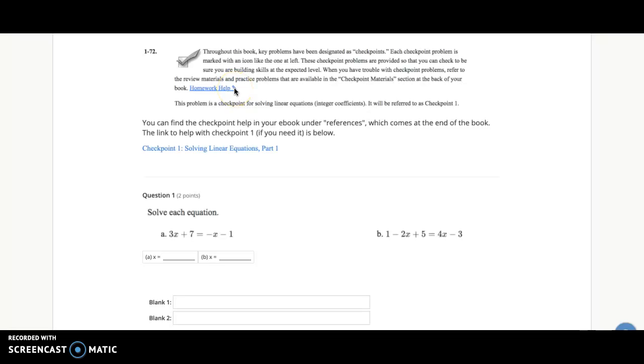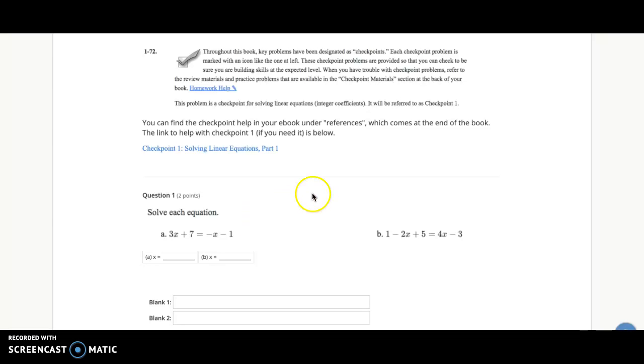Because a lot of what we do from here on out, we're just going to automatically assume that you are at this level, that you have mastered it, and that you don't need as much help on the solving the equations part, and that we can focus on the other topics at hand. Because all of the topics are going to include solving equations. So we want to make sure that you are mastered at this before moving on.